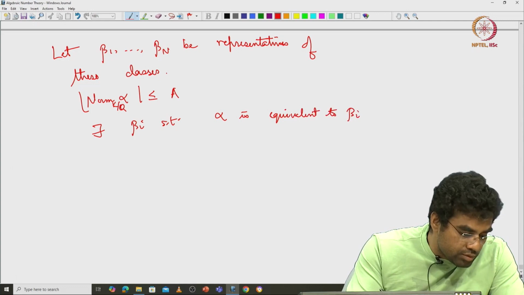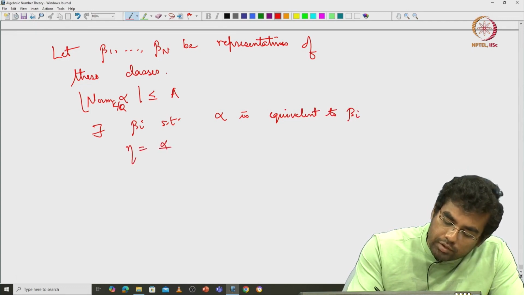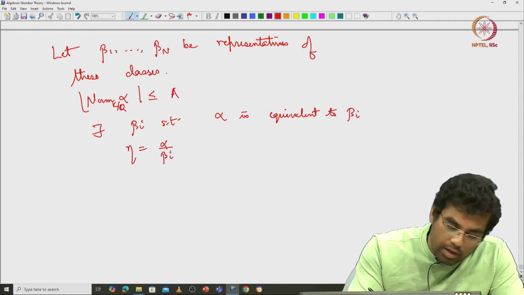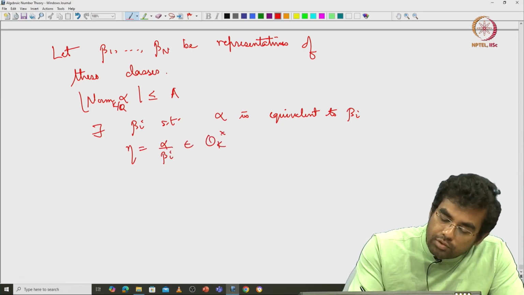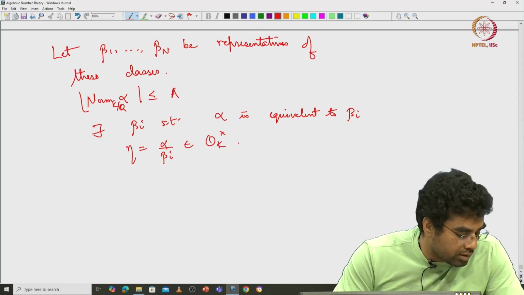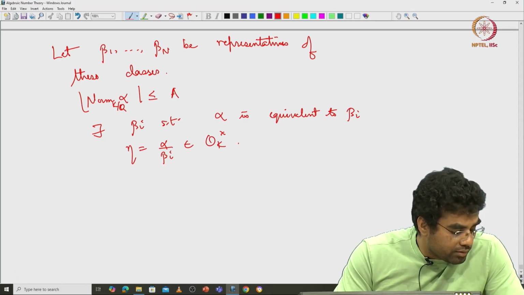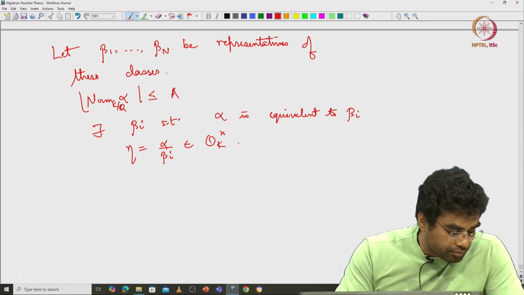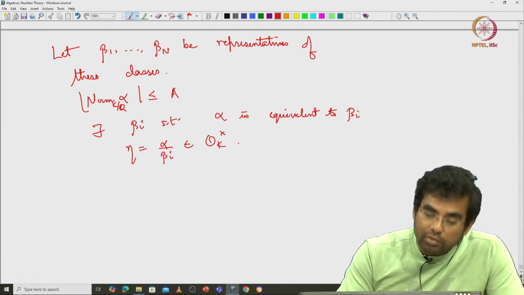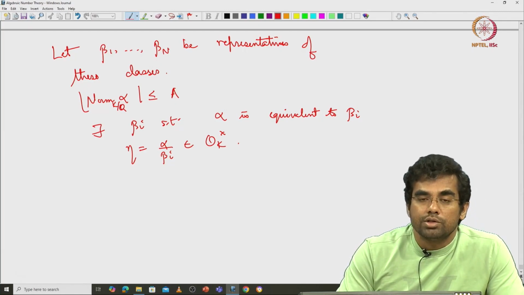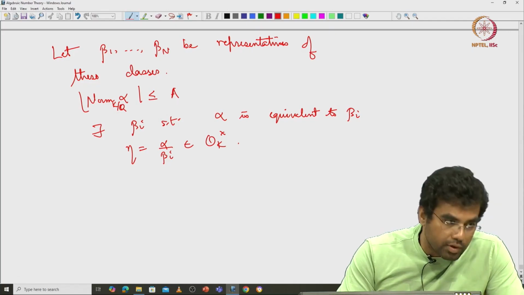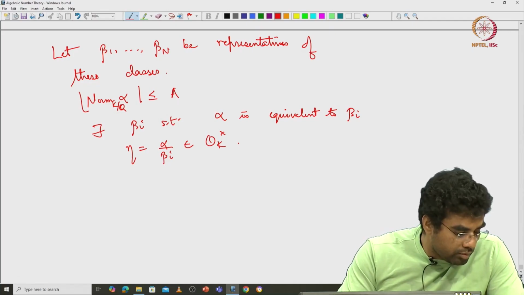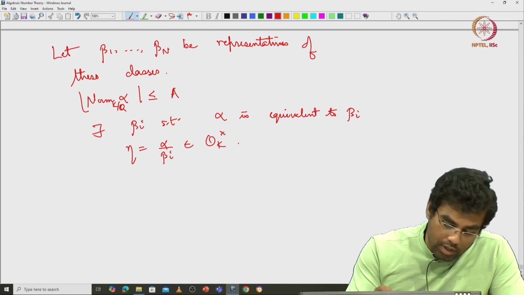And this means that eta, which is alpha by beta i, is a unit. So, we have constructed a unit. Now, this unit of course may not be the unit that we want, because we still have not made good choices of these rho i's, and that is what we are going to do next. We are going to make a good choice of rho i's.